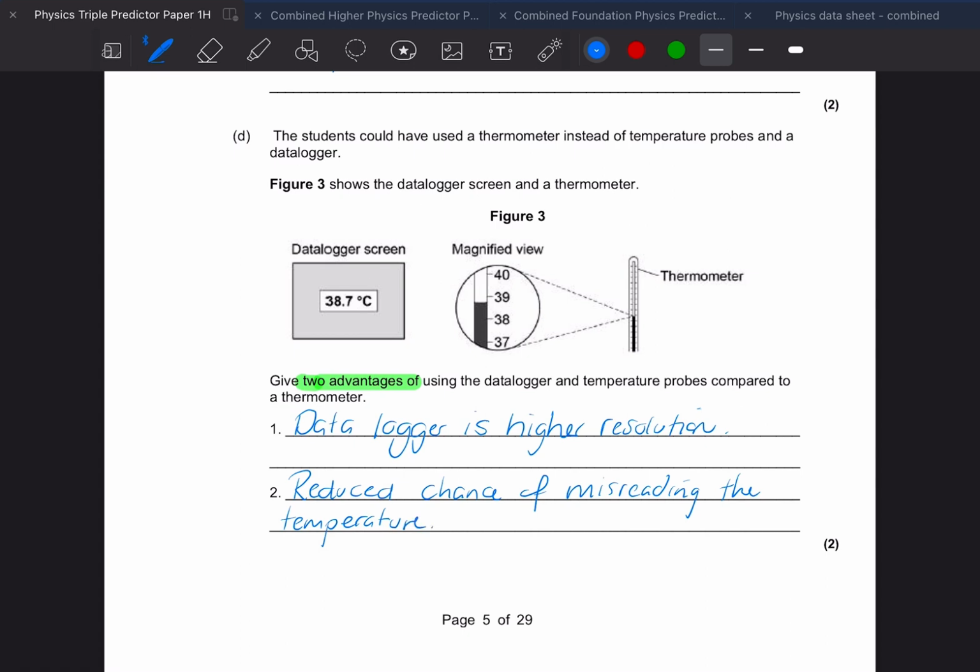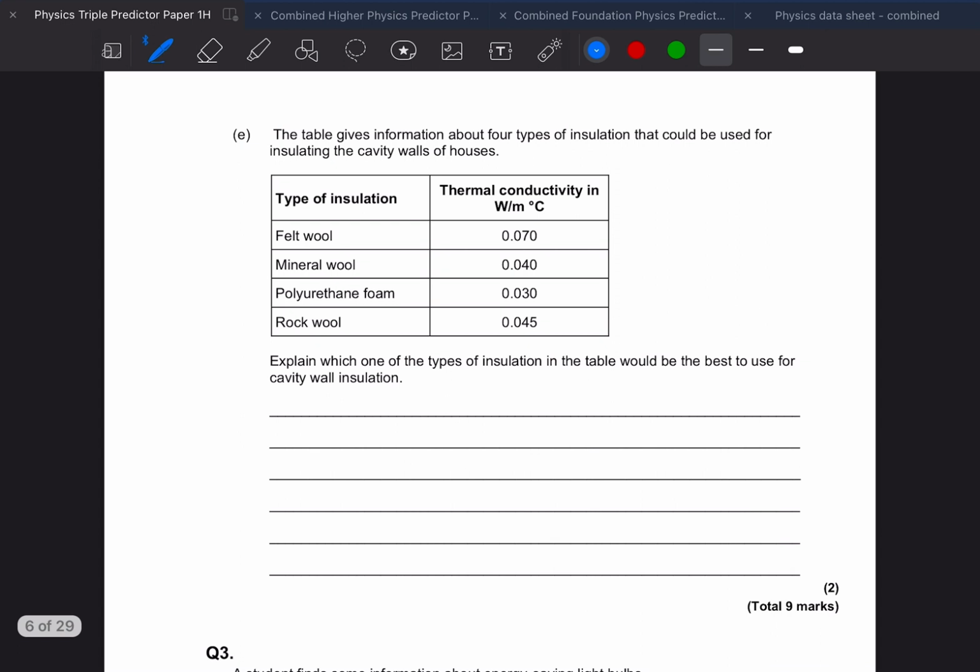Okay, 2 points, absolutely. Last one. So the table gives information about 4 types of insulation that could be used for insulating the cavities of houses. So what we're going to do is, generally when you get a table, pick out your highest and your lowest. So here's going to be our highest, and here is going to be our lowest. This is thermal conductivity.